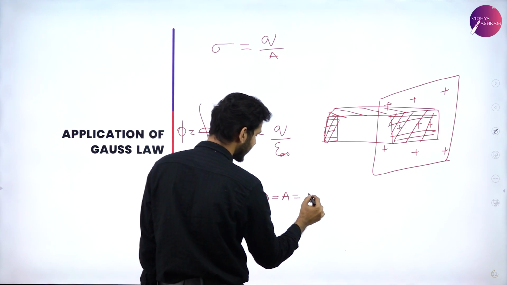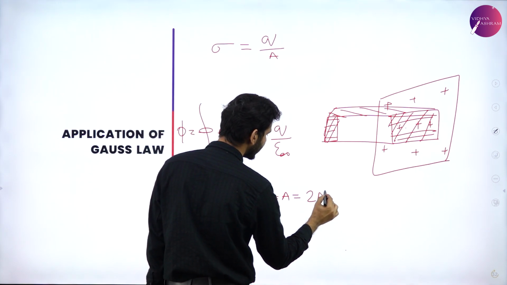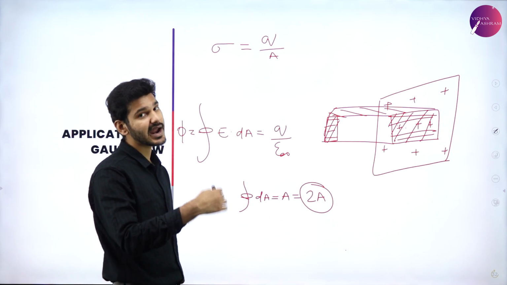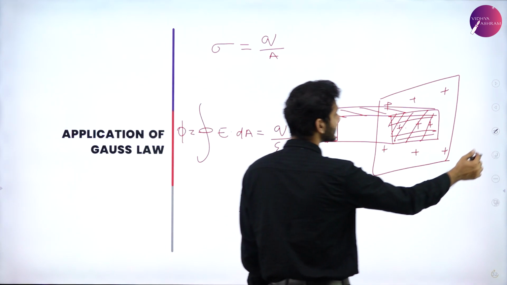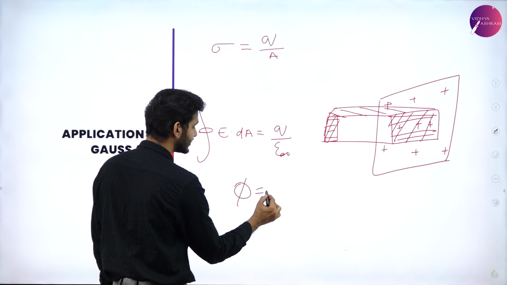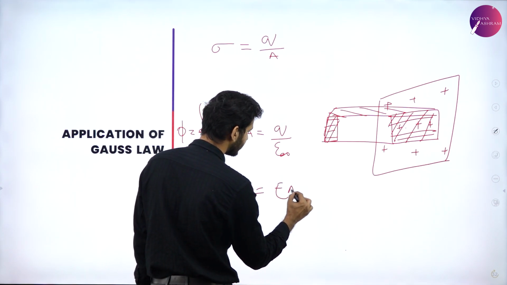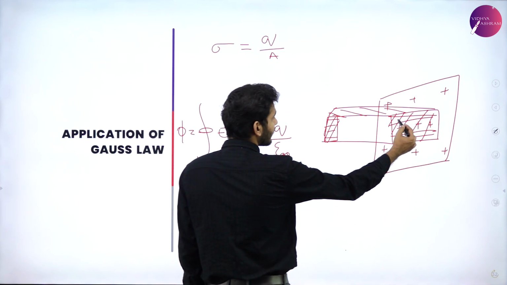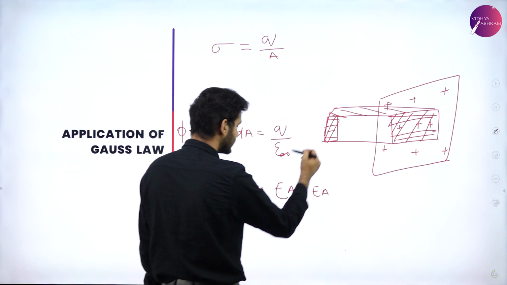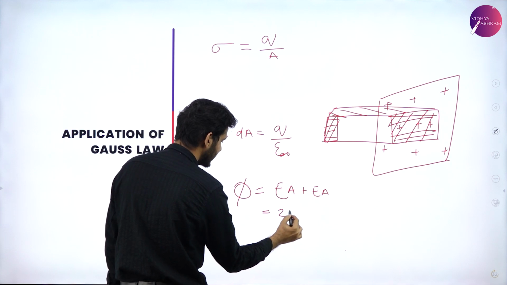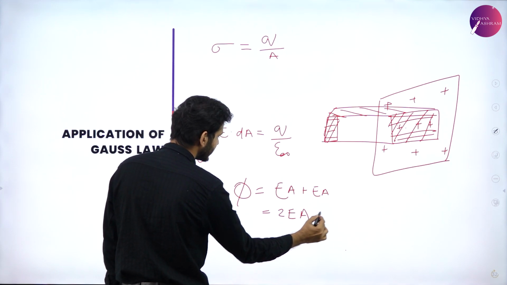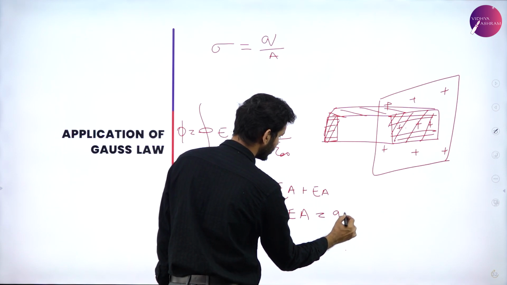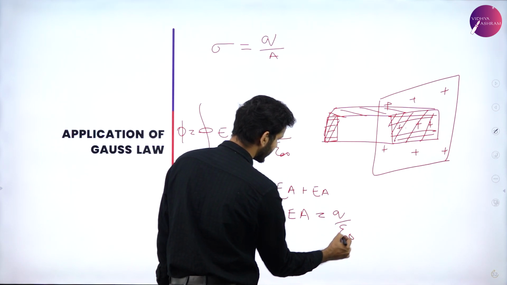So which means that there will be two areas here, which is face 1 and face 2, and they will add themselves, so that we can say phi is equal to EA plus EA, that is of face 1 and face 2. So we can say that phi will be equal to 2 times E times A, and that will be equal to Q by epsilon naught.